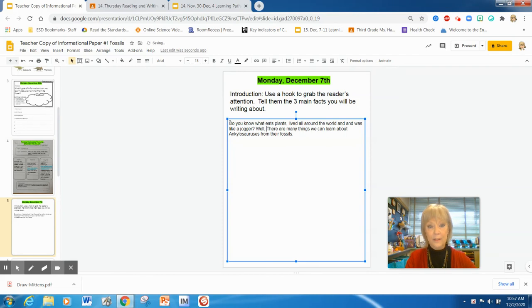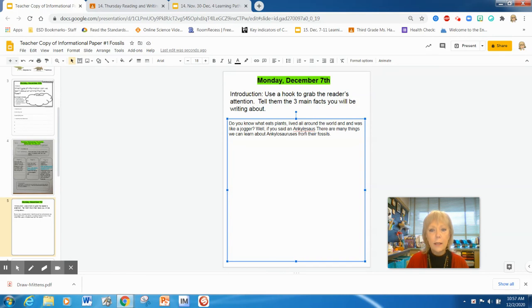Well, if you said an ankylosaurus, see, how did I spell it? Oh, look, I didn't spell that right, but let me show you a quick trick here.